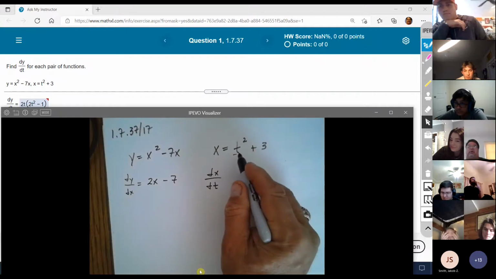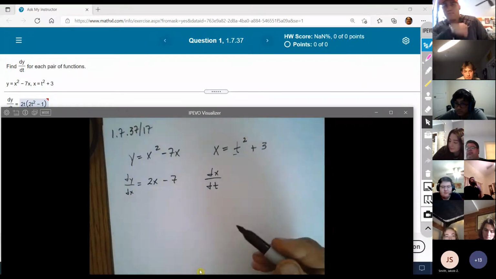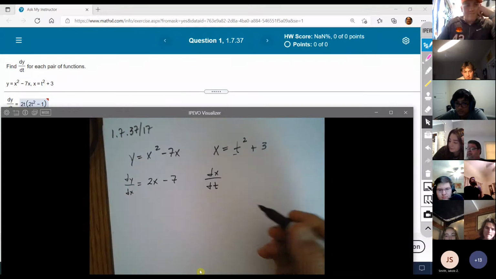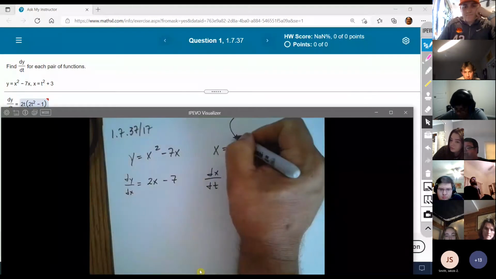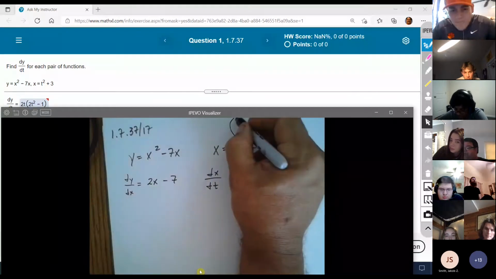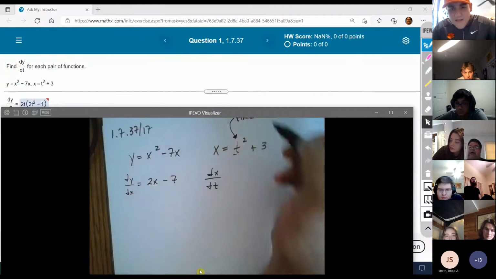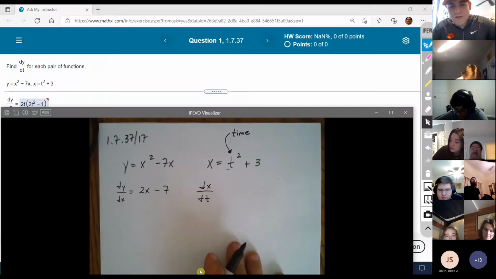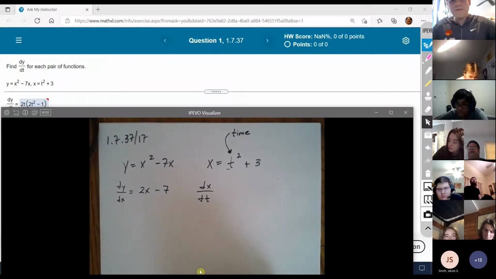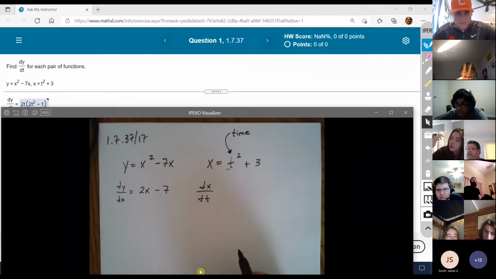You're going to see that because when you're doing implicit differentiation, what does this t stand for in physics and math? In respect to time. And time is the third dimension or the third element that you have to take into account in differentiation.